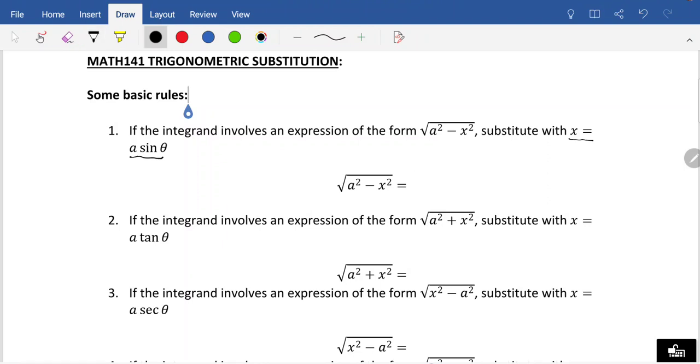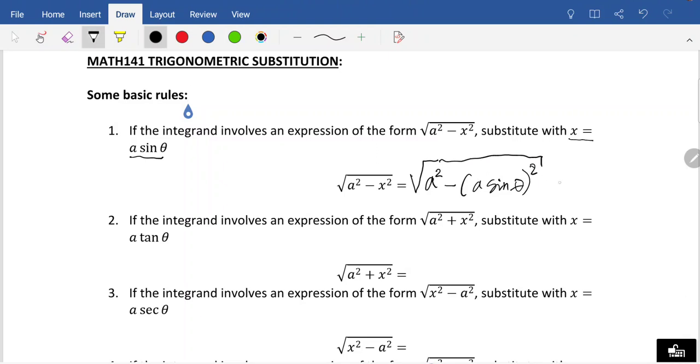And the way this works out is when you do that substitution, then you have the square root of a squared minus a sine theta squared all under the square root sign.